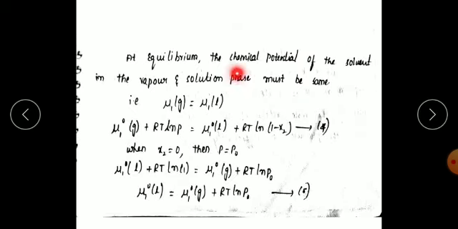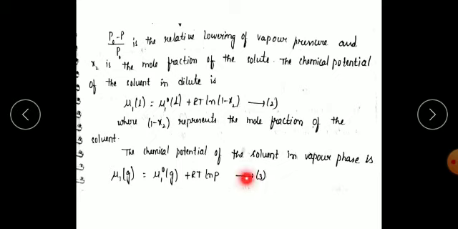At equilibrium, the chemical potential of the solvent in the vapor phase and the solution phase is the same. That's why we use this condition: the chemical potential in the gas phase, or vapor phase, is equal to the chemical potential in the liquid phase. The chemical potential in the gas phase is represented in equation 3 and in the liquid phase in equation 2.